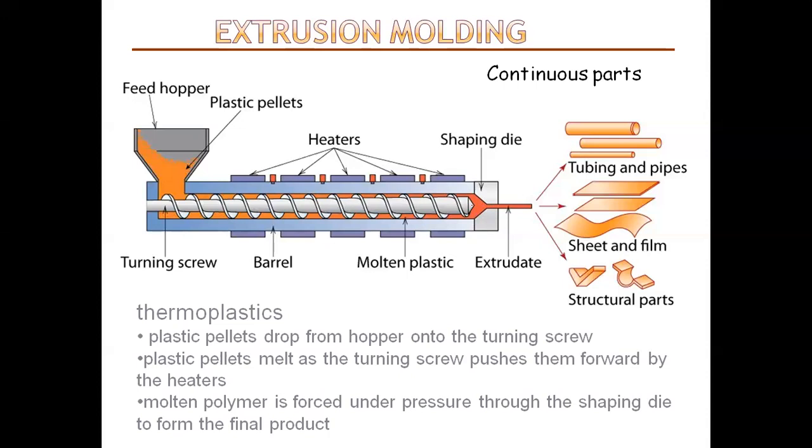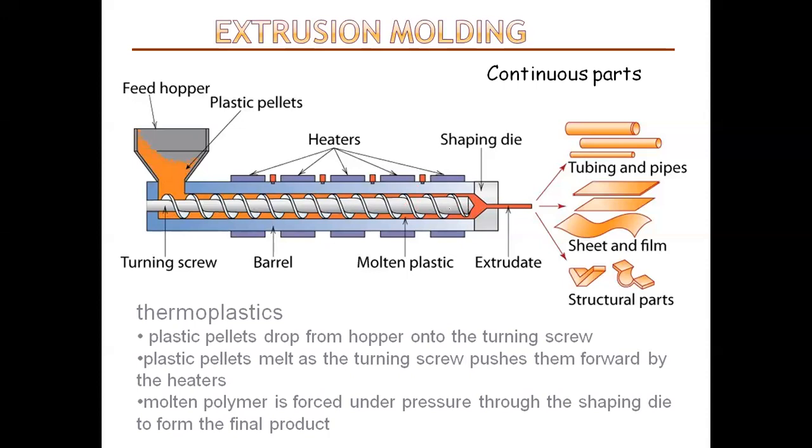It serves to create a back pressure in the barrel for uniform melting and proper mixing of the polymer. It also converts the rotational memory of molten plastic into longitudinal memory. The breaker plate is not shown in this diagram, but it sits over here.